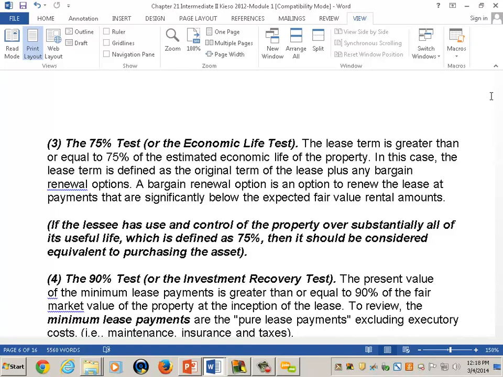Now remember, I always circle back, always hit the theory again to pick up the pieces. What's the total lease term? It's the initial term plus what? A bargain renewal option.